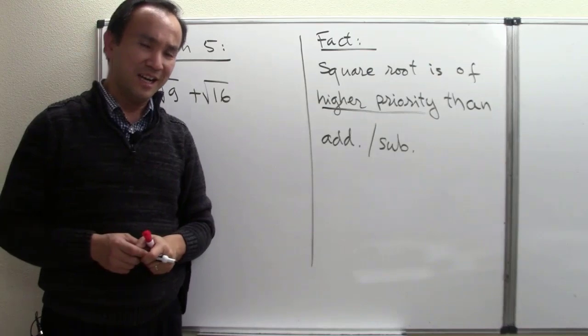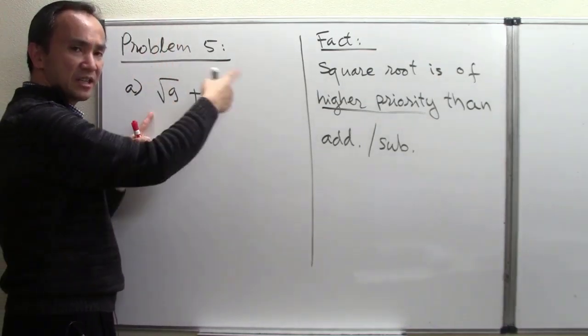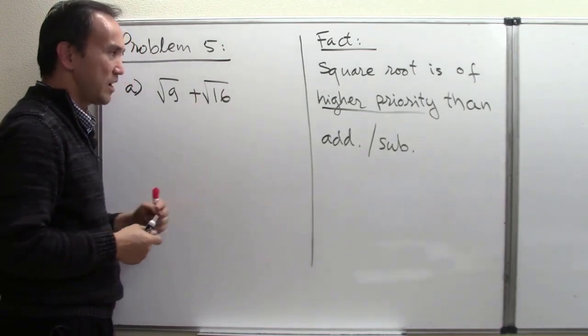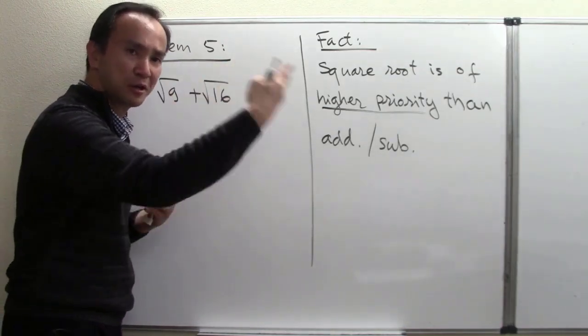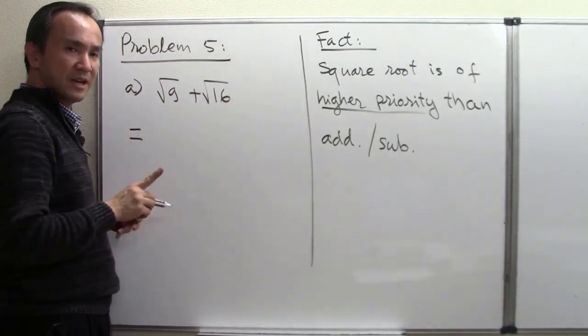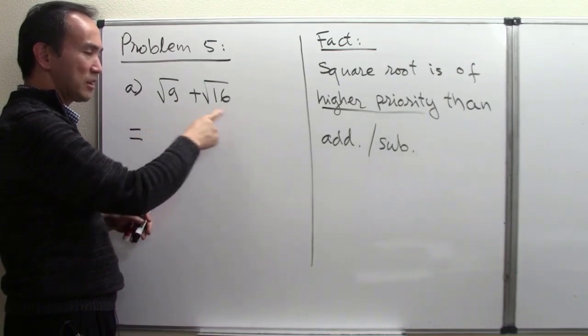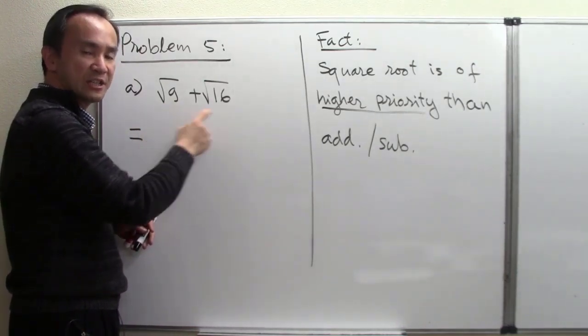Our problem involves addition and taking square root, so the fact I've just written down gives us clear instruction. In my thought process, I have to finish taking the square root on these two parts first.